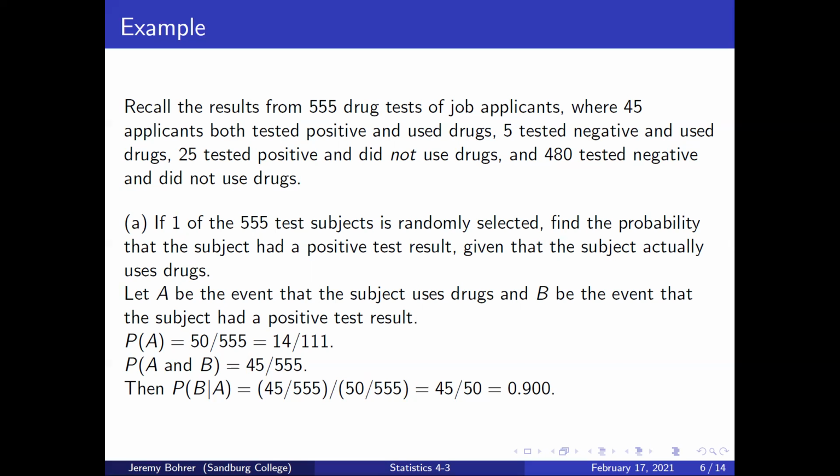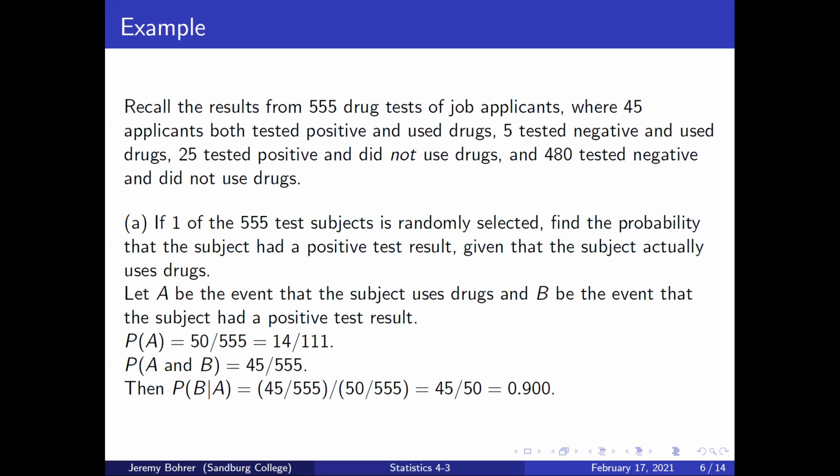Let A be the event that the subject uses drugs and B be the event that the subject had a positive test result. Then the probability of A equals 50 over 555, which is 10 over 111, and the probability of A and B is 45 over 555, or 9 over 111.